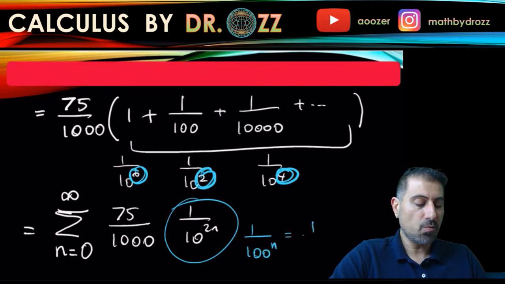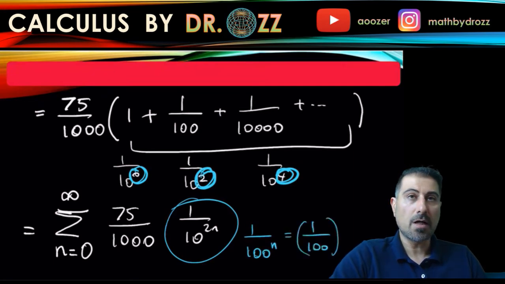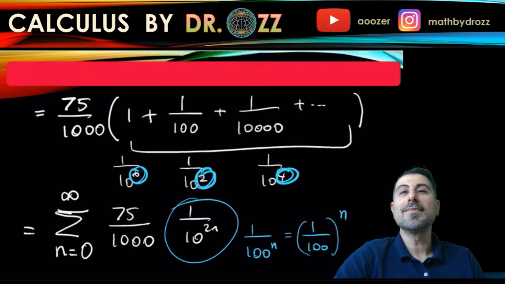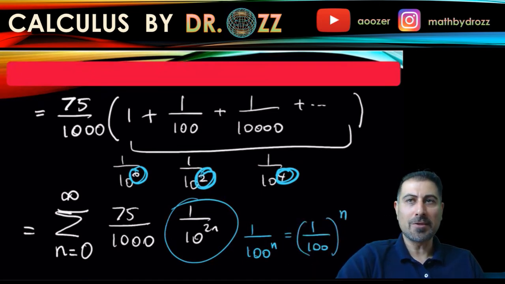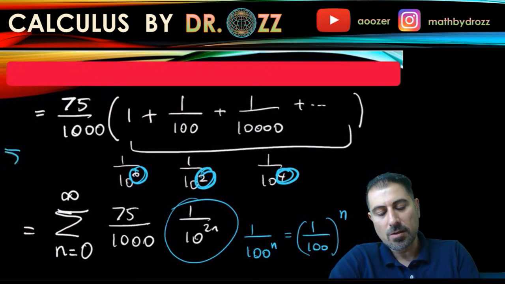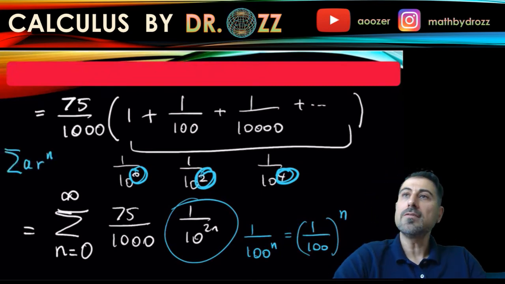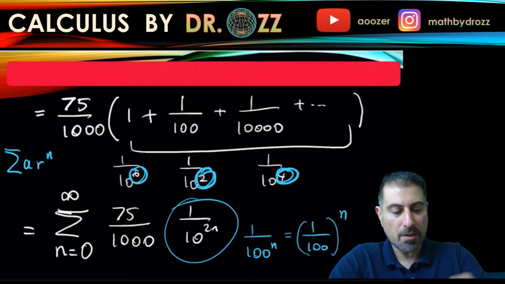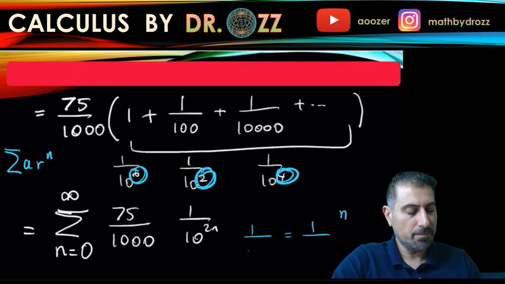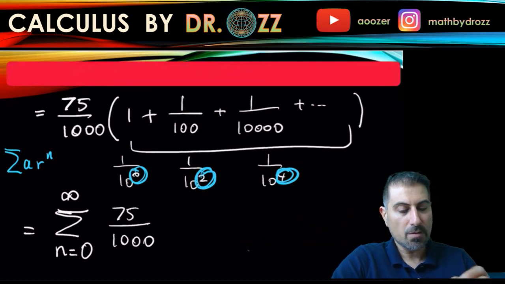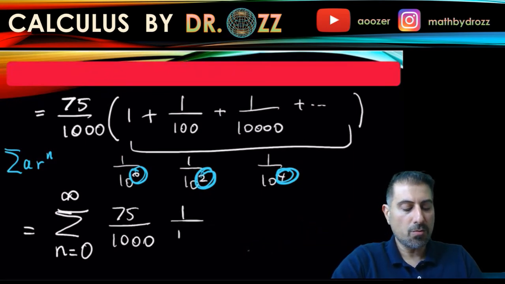This is important, because a geometric series always follows the form a times r to the n. So I'm going to erase this part and replace this term by 1 over 100 to the power of n.